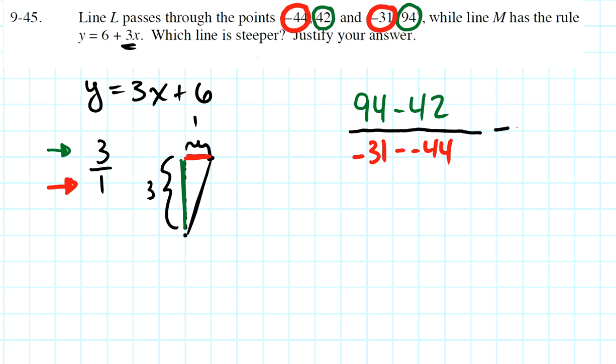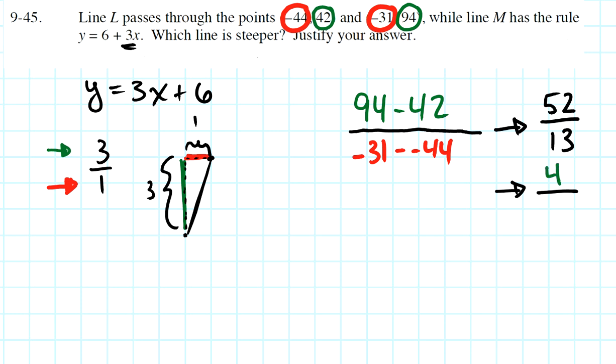So when I do a bit of arithmetic, I get that the numerator is equal to 52, that's 94 minus 42, and my denominator is equal to 13. That particular fraction, I believe that's divisible. Yeah, 52 divided by 13 is equal to 4. So in the numerator I've got a 4.